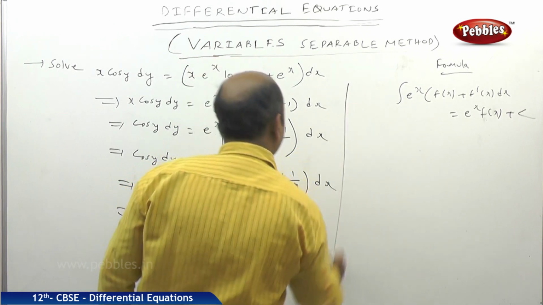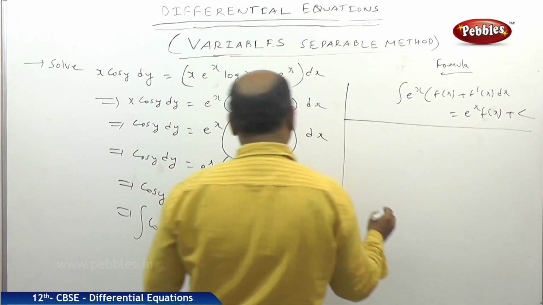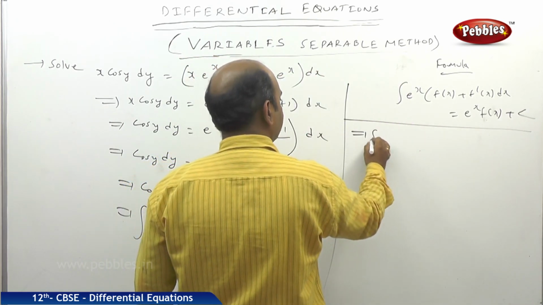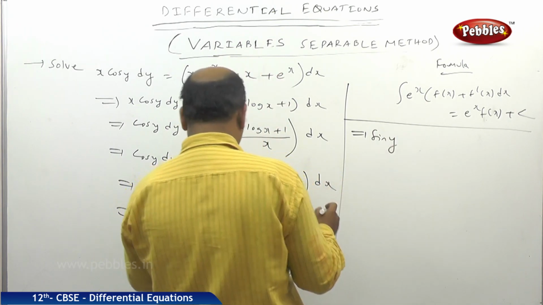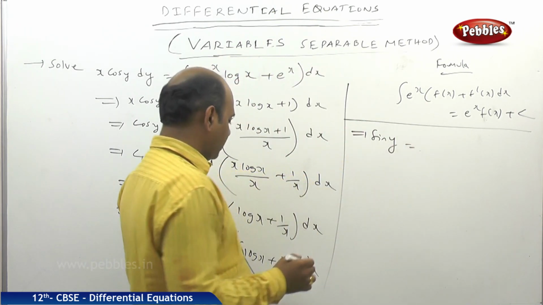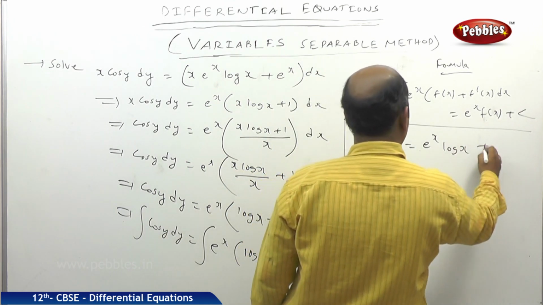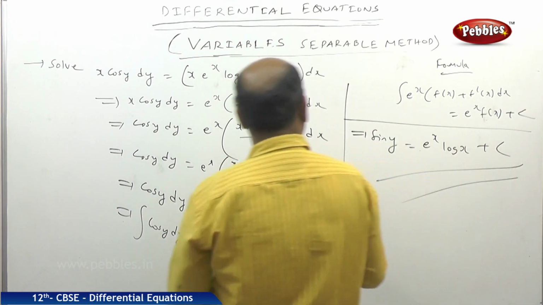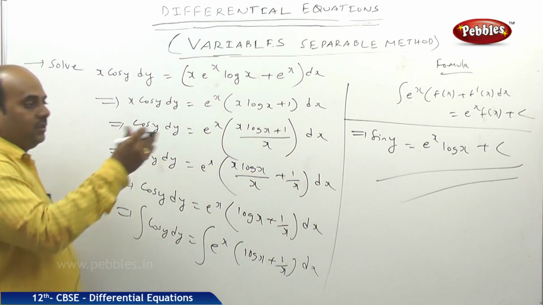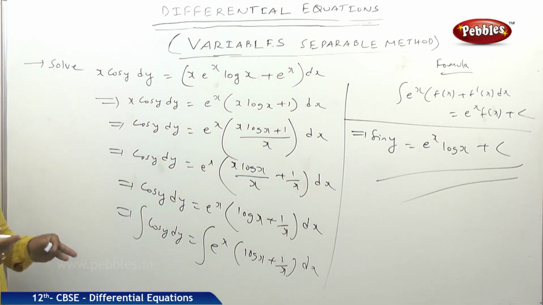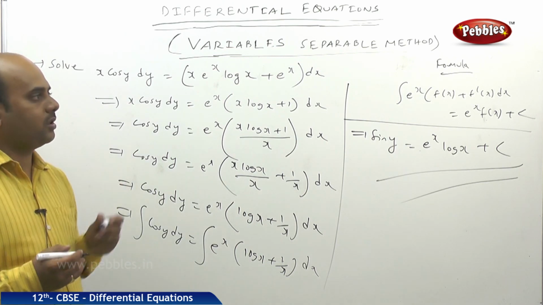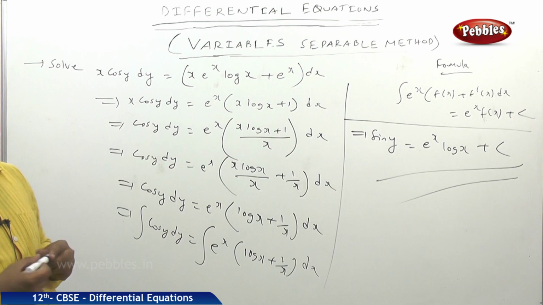So here, finally, integral of cos y means sin y is equal to e power x into log x plus c. This relation is a solution to our differential equation. So the variable separable method has been finished.